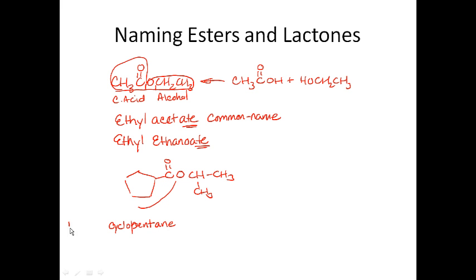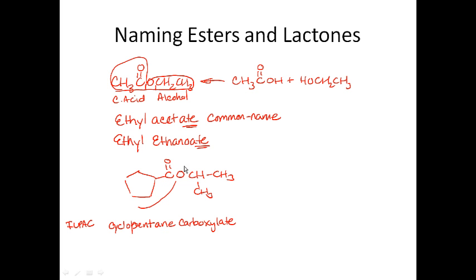I'm writing this in the IUPAC system now. This would be cyclopentane, and then it would be carboxylic acid normally. So this is going to become cyclopentane carboxylate would be its name.